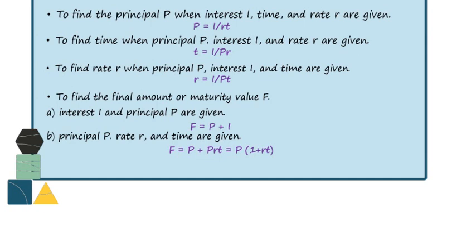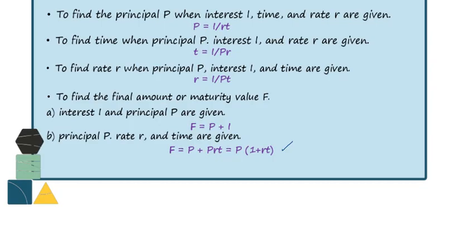We know that I here is PRT, so therefore F here is going to be equal to P plus PRT. So if we try to factor out P here, then F is equal to P times 1 plus RT, which is an alternative formula that we could use if we are trying to find the final amount or maturity value.